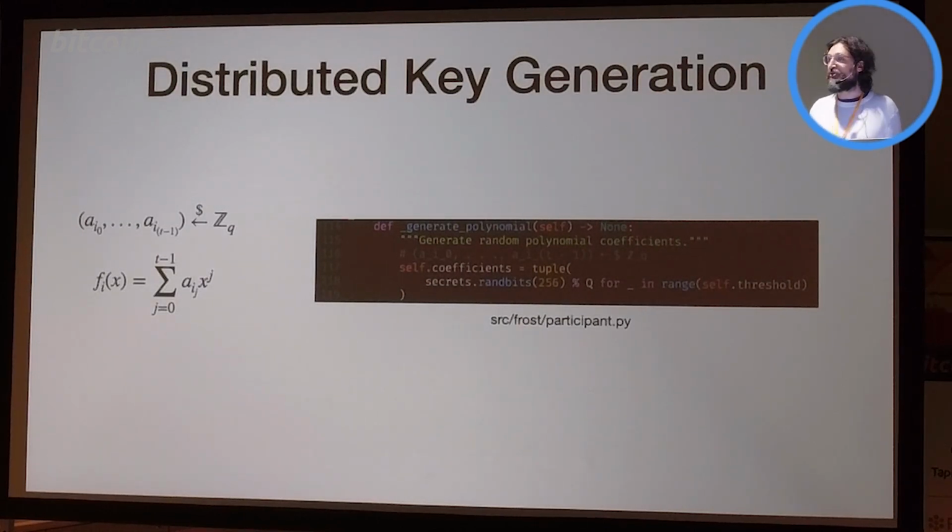If the degree is t minus 1, then you're going to have t coefficients, right? Because if you have the equation for a line, it's ax plus b. So that's a degree 1 polynomial, 2 coefficients. So that's why we're iterating over the threshold. So that's how each participant will generate its polynomial.